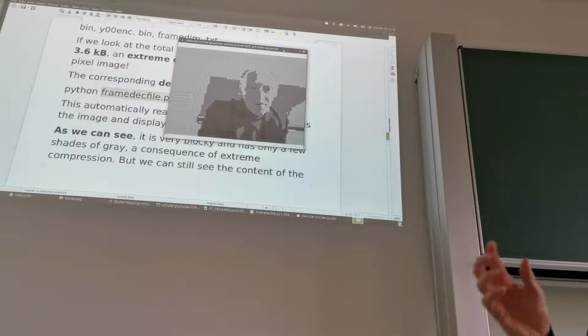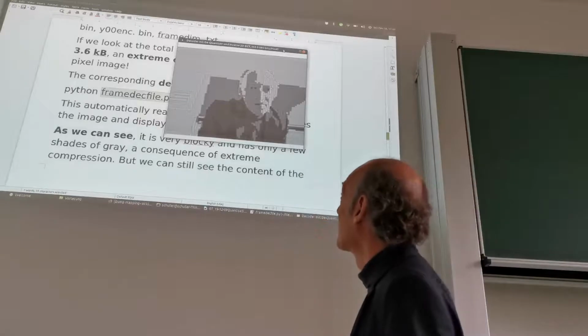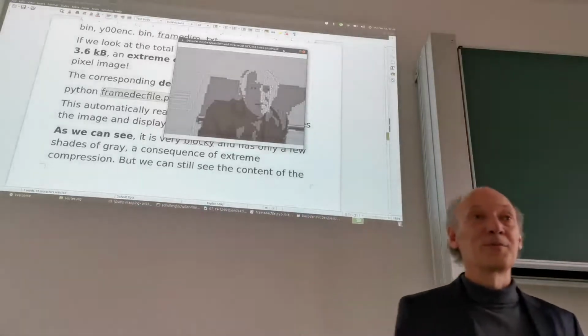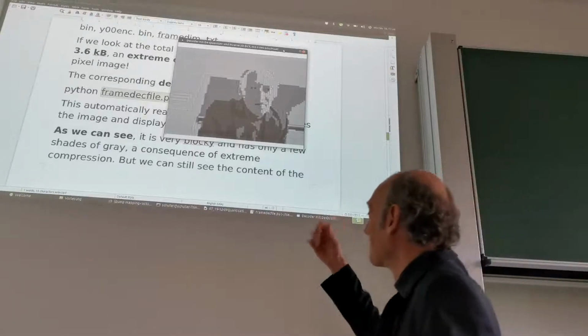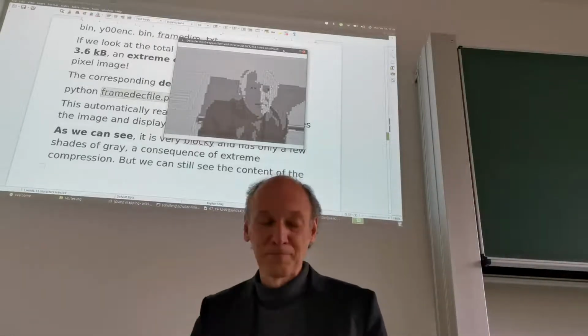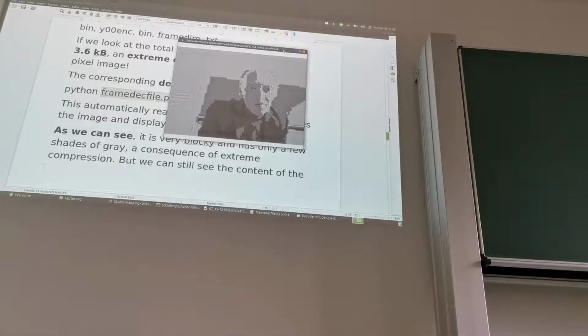So despite only having 3.6 kilobytes, the picture is still recognizable. Well, it's actually quite nice, right? We have a functioning compressor now. And if you think that this is like a little icon, for instance, then you wouldn't even notice that it's having those blocking artifacts.